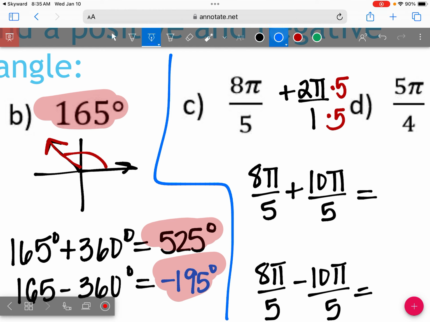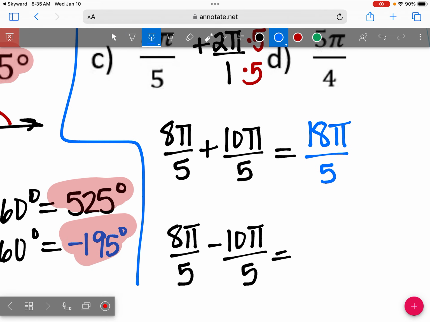Eight plus 10 is 18. And as you know, when you're adding fractions, we do not change our denominator. So it's not 18 over 10, it's 18 over 5. And then 8 minus 10 is what? Negative 2.